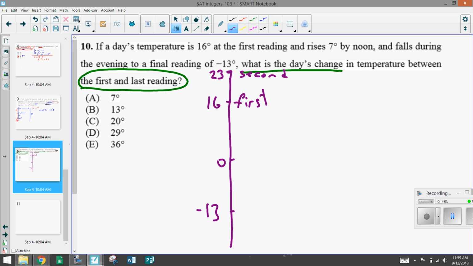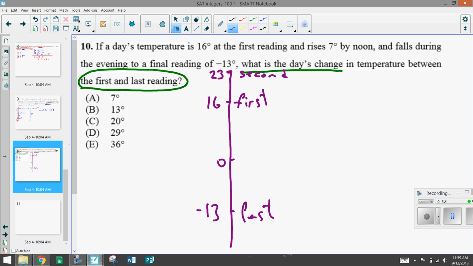By noon, and falls during the evening to a final reading of -13 degrees. What is the day's change in temperature between the first and last reading? What operation? Tell me that. So what should I do? What is the difference between first and last? Last reading here, first reading there.